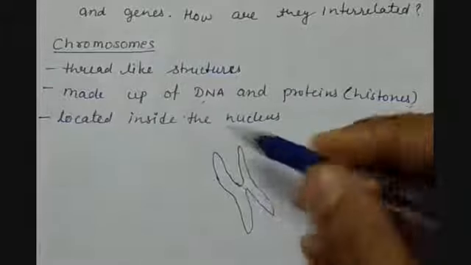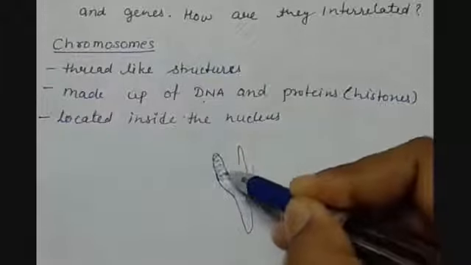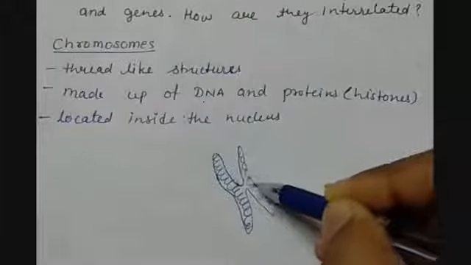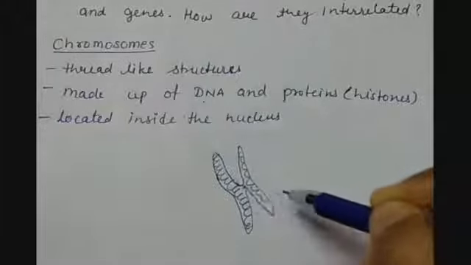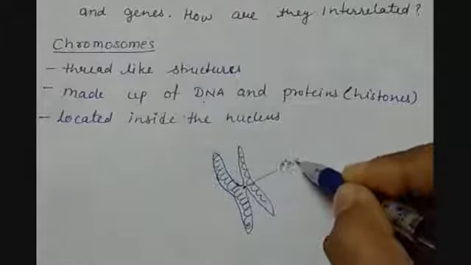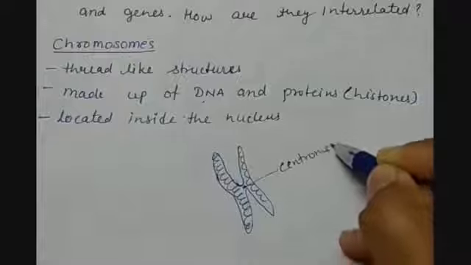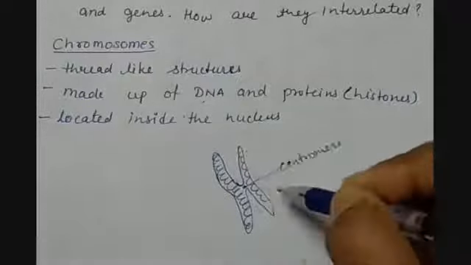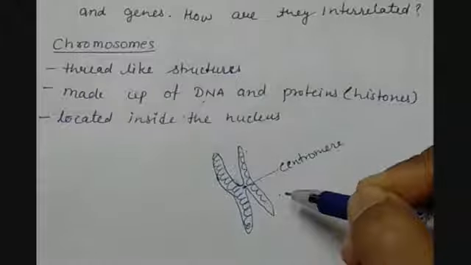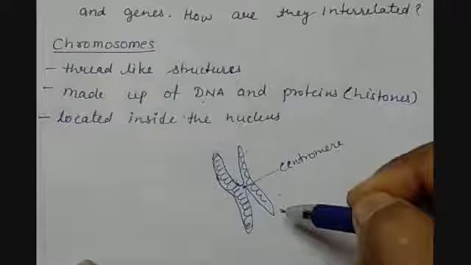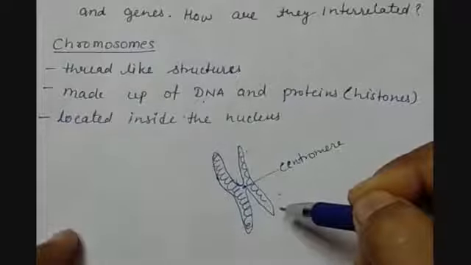this kind of a shape. So these portions are basically the thread-like structures, and here we have a constriction, and this is called the centromere of the chromosome. Then here these two are the arms. One will be the shorter and another will be the longer.